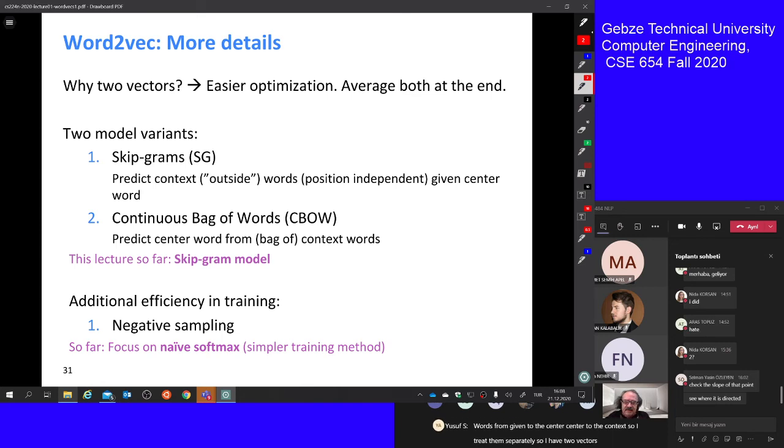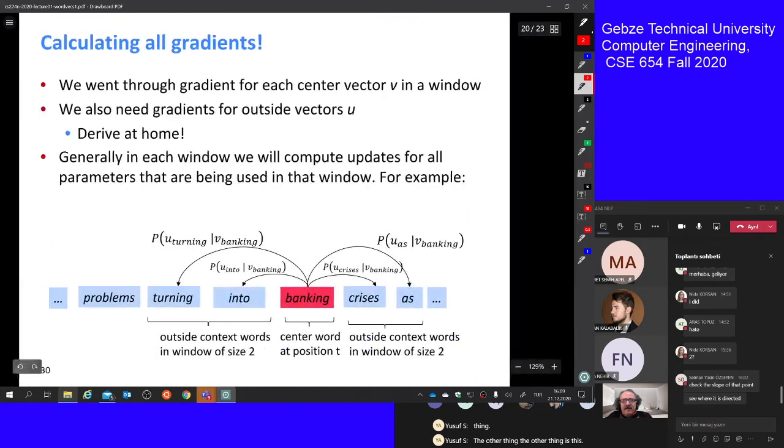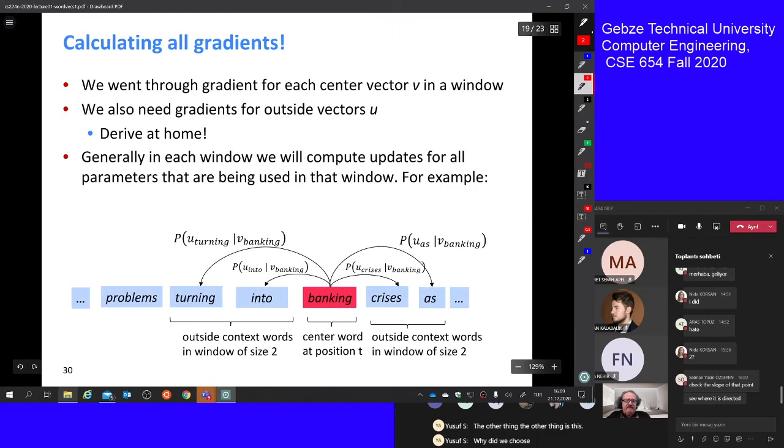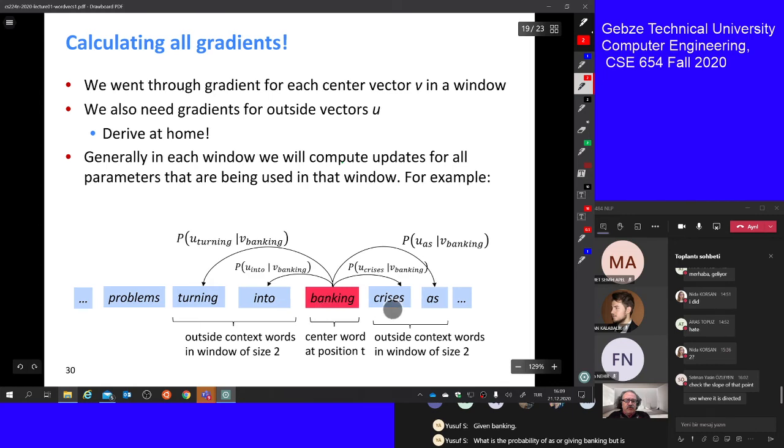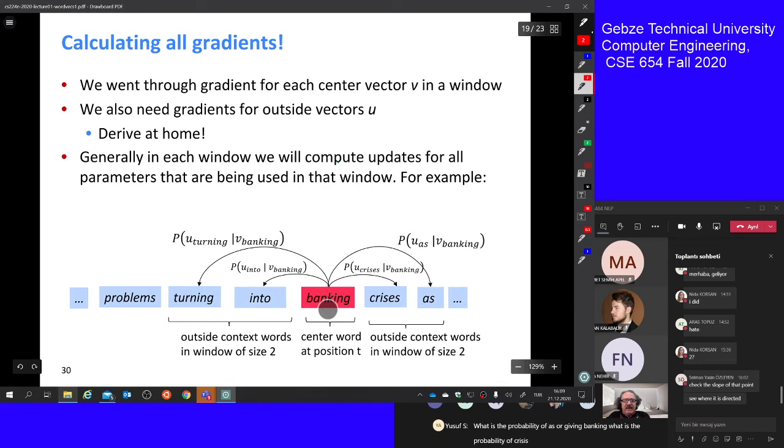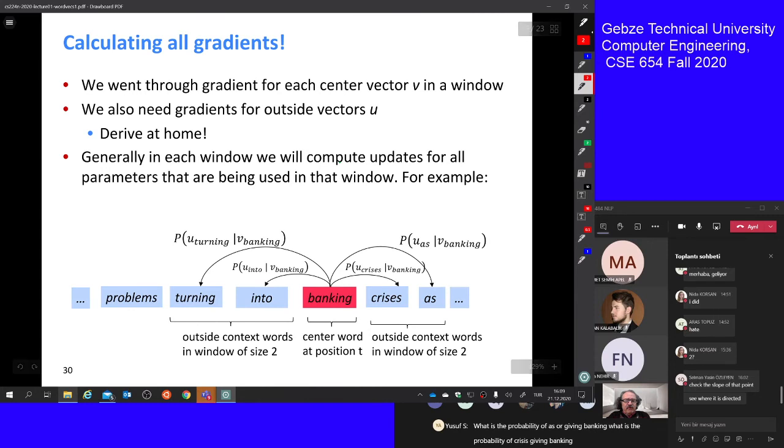Okay, that's one thing. The other thing is this: why did we choose this way? Given banking, what is the probability of as? Or given banking, what is the probability of crisis? Given banking, what is the probability of into? That's what we said.